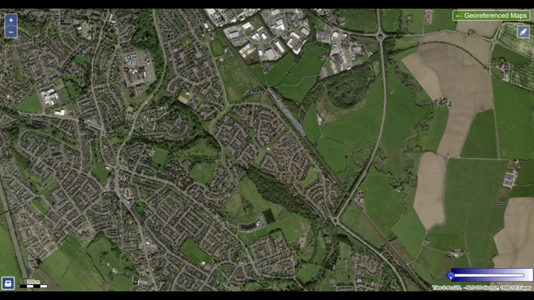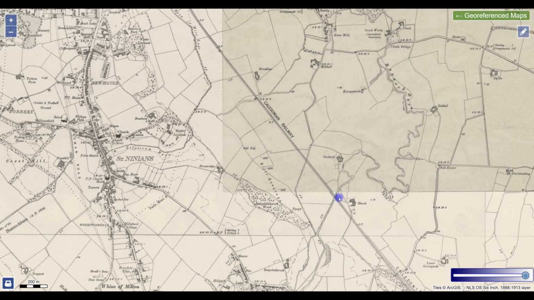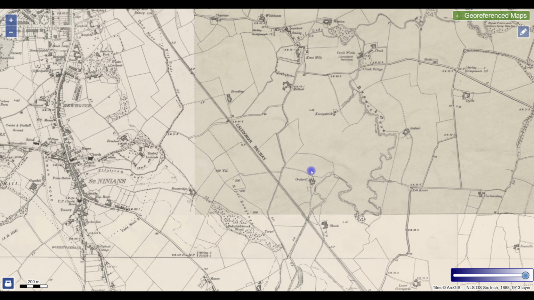So let's just pan back to the old map and see what we're looking at here. Oh, here's Skeoch. Here's the railway and the ford here where they can get across. Here's the orchard farm, which is no longer there, just some ruins left there now. But I tried to make links, and you wonder if there was dead bodies buried anywhere in this area.